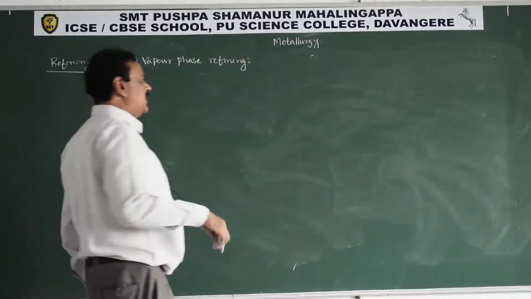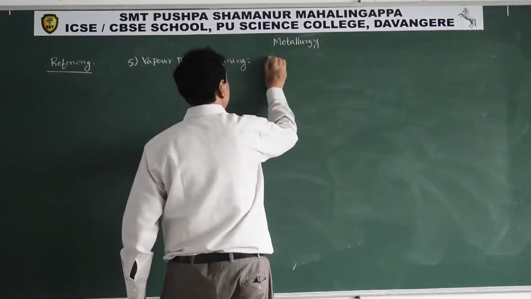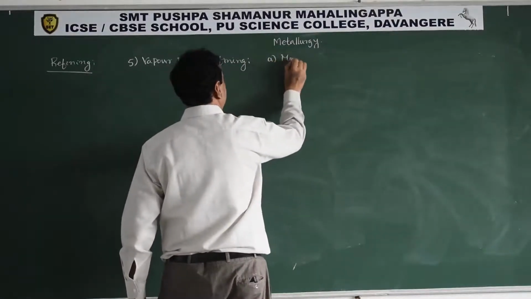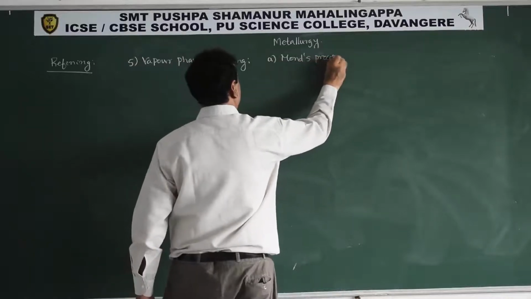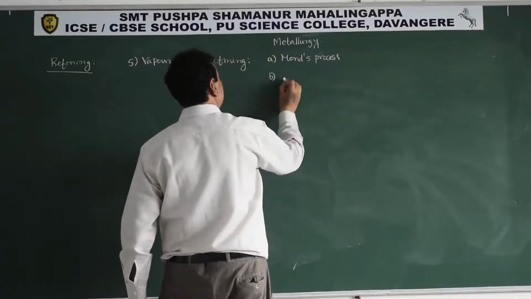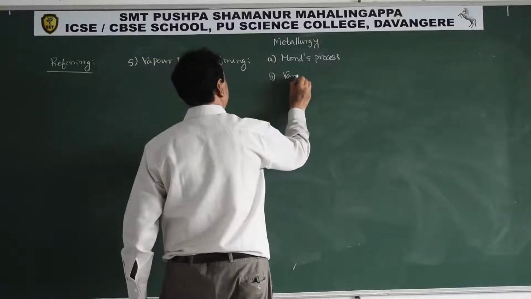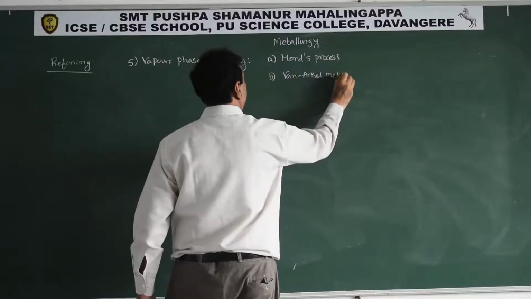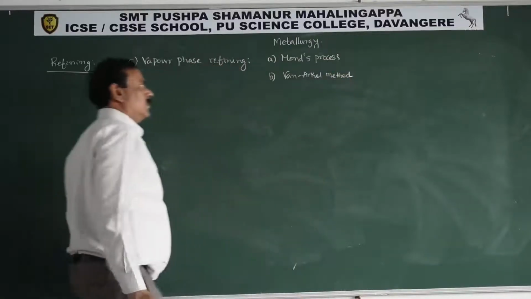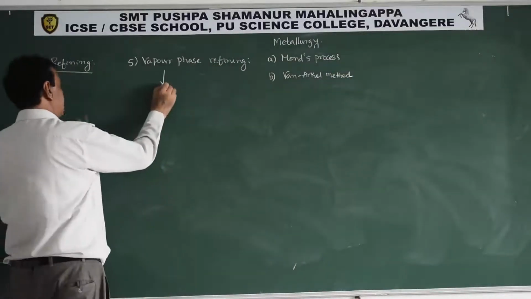In vapor phase refining, again two methods. One is Mond's process. Then one is the Van Arkel method. These are chemical methods.